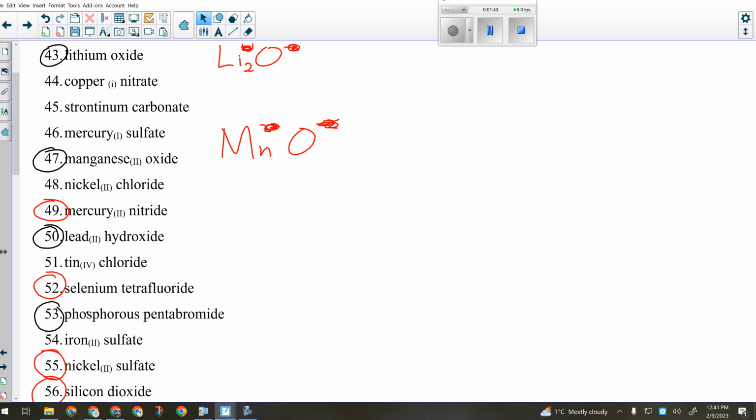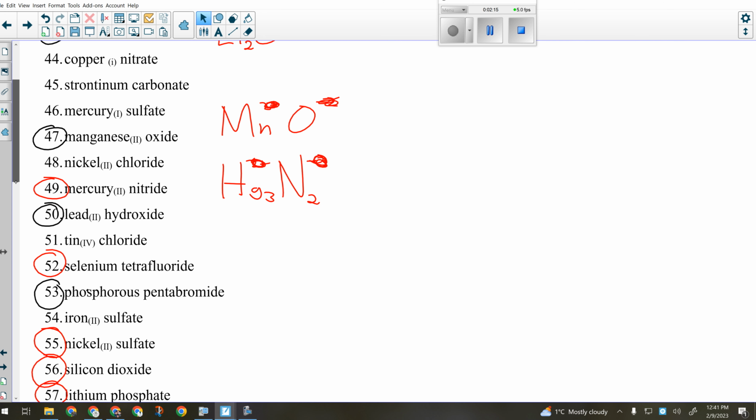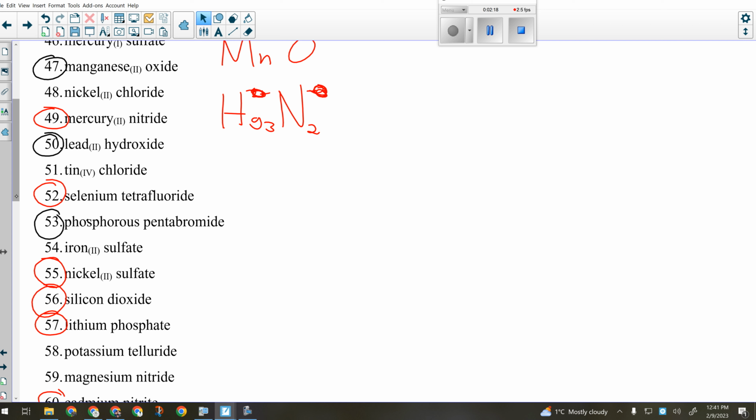For number 49, another ionic compound, because mercury is a metal and it's got a Roman numeral, which we would only see in ionic compounds. So the mercury is the 2 plus variety, and it's with nitrogen, which is always a minus 3. So drop, swap. Can't reduce those, so I leave them that way. And then for number 50, this one uses a little bit of everything that we've talked about with ionic compounds.